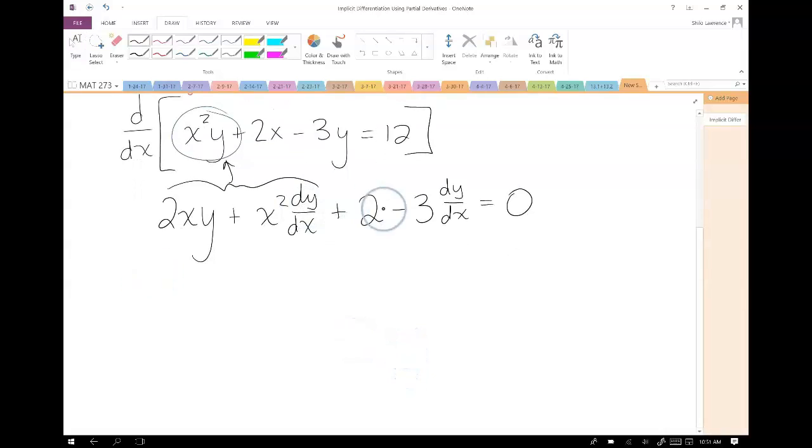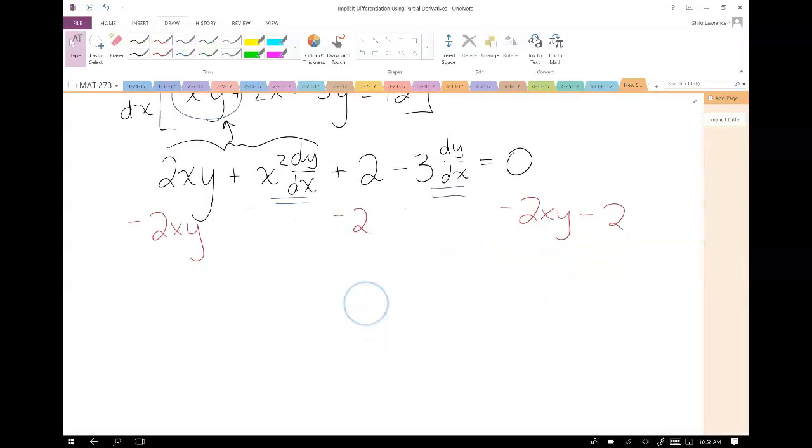Now we're going to move everything that does not have a dy dx over to the right-hand side, which means we subtract the 2xy and subtract the 2. We're doing this because I've got two terms here that have dy dx, and I want to solve for dy dx, which means I need to isolate them on one side and factor them out.